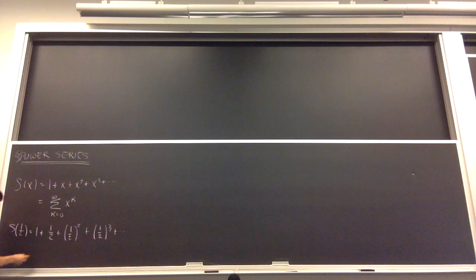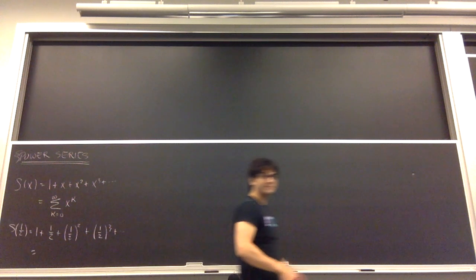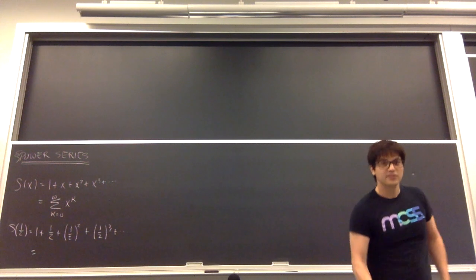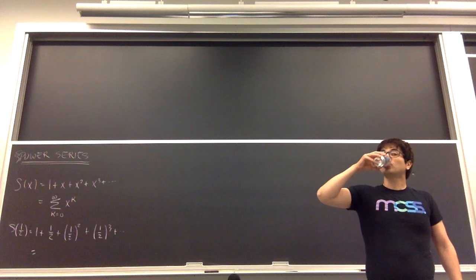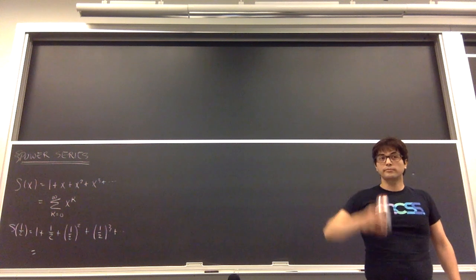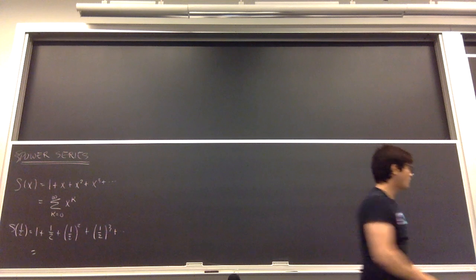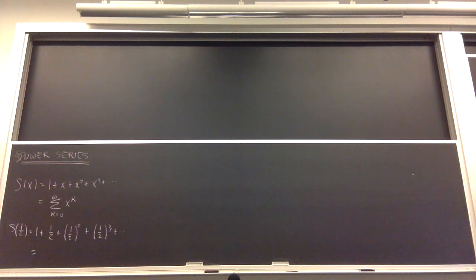And what is this equal then? You guys should be experts at this. It's a geometric series. So what's its sum? This is a geometric series, r to the power of n for n equals 0 to infinity.